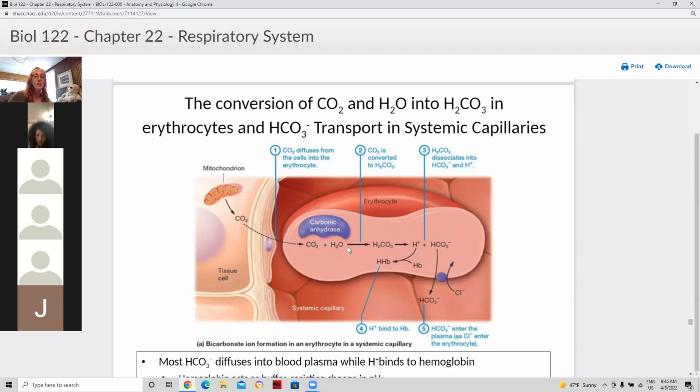It's converted through its binding with water to carbonic acid. It then immediately dissociates into hydrogen ions and bicarbonate. The hydrogen ions bind to the hemoglobin, and the bicarbonate is moved out of the cell via what's called the chloride shift.